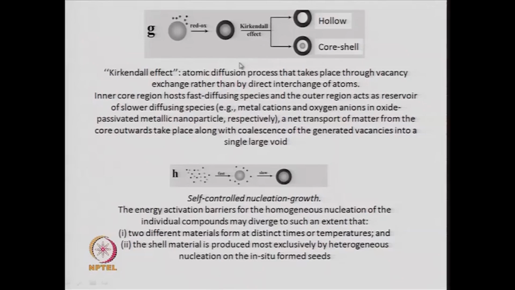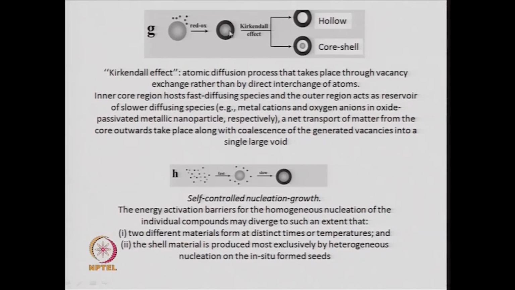Now, there are other methods or mechanisms by which you can get core-shell nanostructures. For example, this is a very famous method, and the effect is called the Kirkendall effect, where you have a core and you form a shell on top using this kind of redox reaction or a sacrificial reaction, and then you have the Kirkendall effect, which is an atomic diffusion process that takes place through vacancy exchange without a direct interchange of atoms.